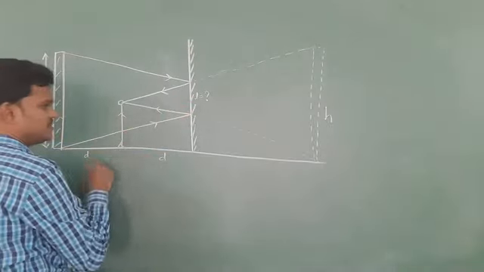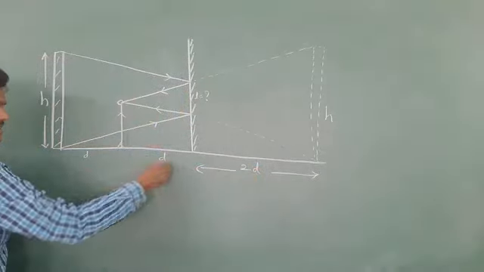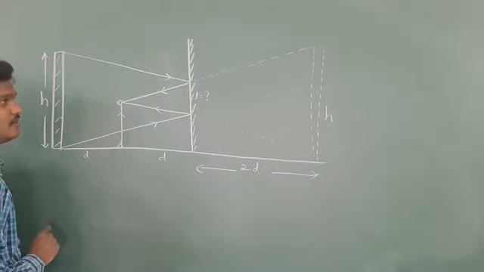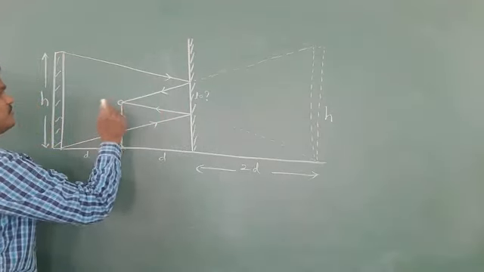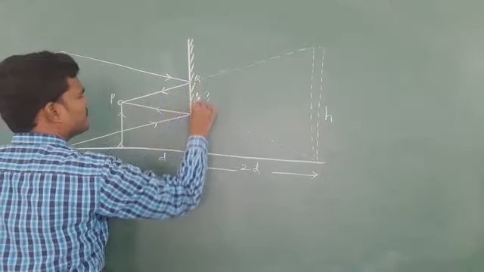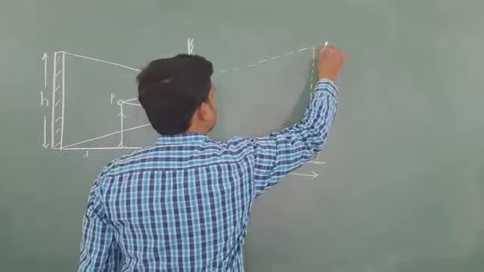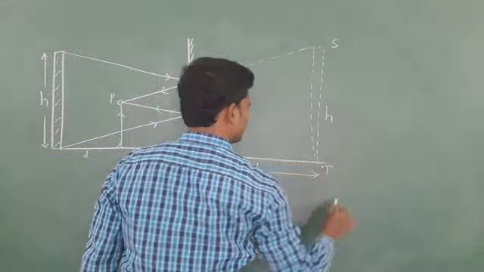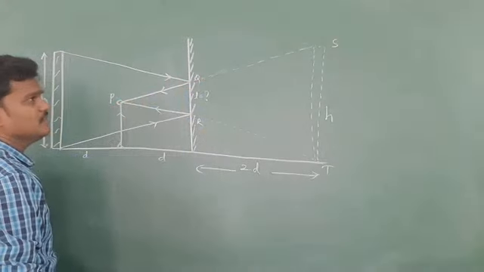See, this is D, this is D, no doubt this is 2D because wall, D plus D, 2D. Now we need the length of the mirror. So use some geometry like P, Q, R, S, T.